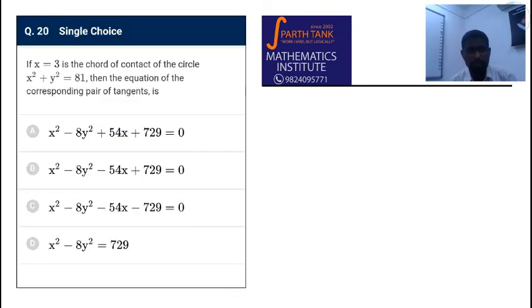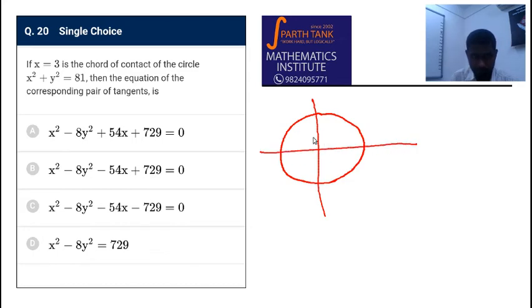Right, moving on to question number 20. If x is equal to 3 is the chord of contact of the circle x squared plus y squared is 81, then the equation of the corresponding pair of tangents is. So we have a circle x squared plus y squared is 81, so this radius is 9 units.